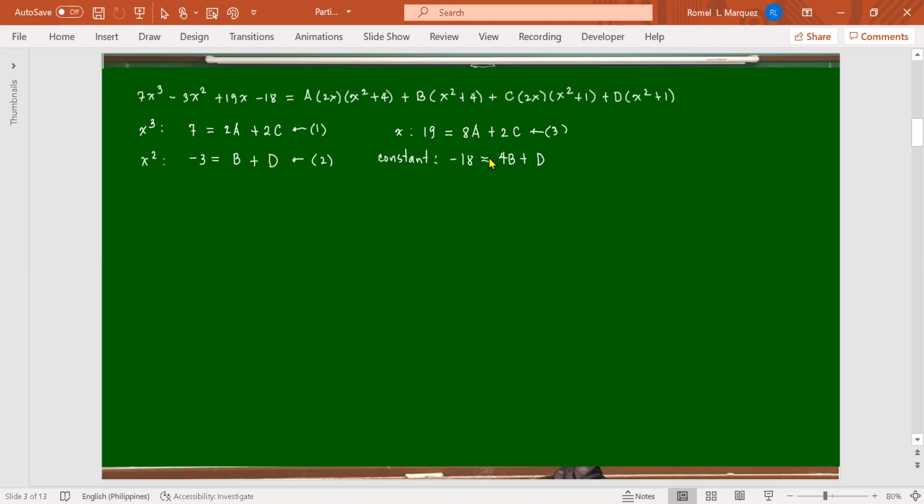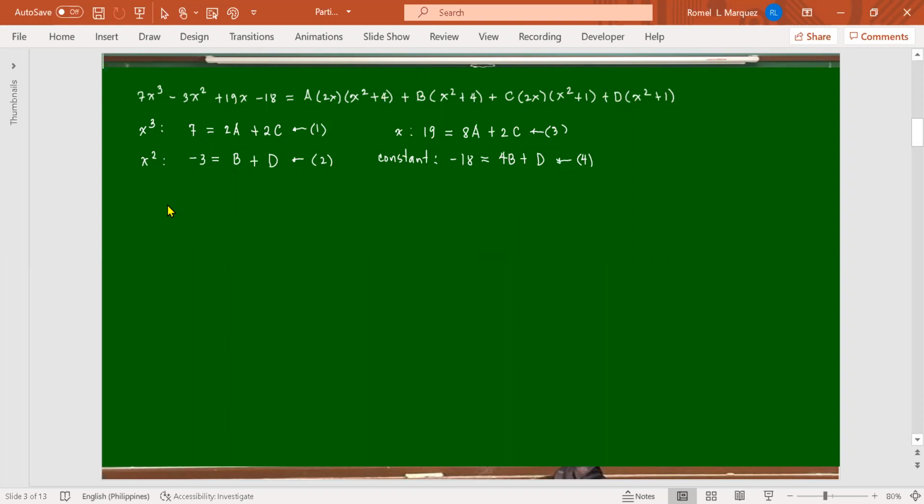So this is the sum of the constant terms on the right side, and that is supposed to be equal to -18. So this is our equation number 4. So let's solve these equations simultaneously.